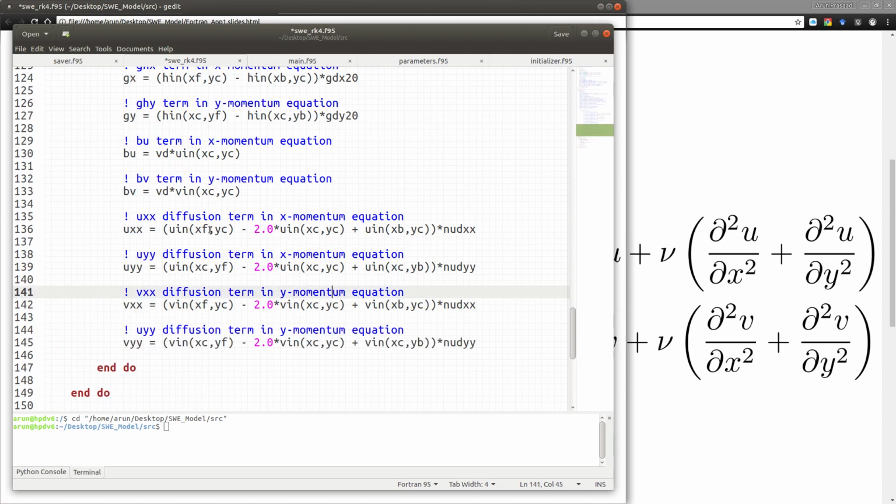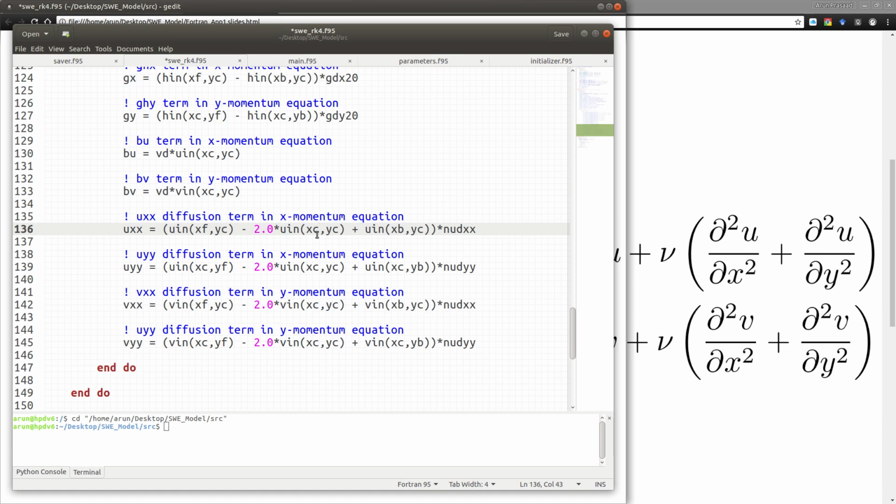So the central difference scheme for a second derivative like this is the value at the point forward plus the value at the point behind, minus twice the value at the center. So that's how we go about this. The point forward in that direction plus the point behind me, minus twice the point at the center.